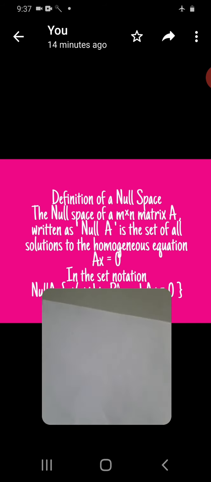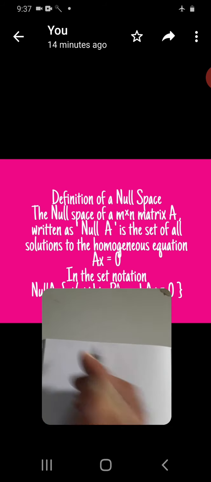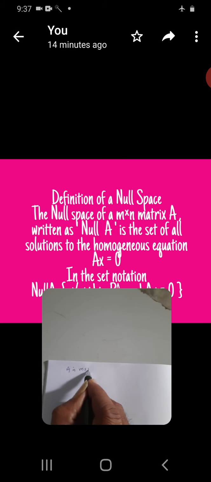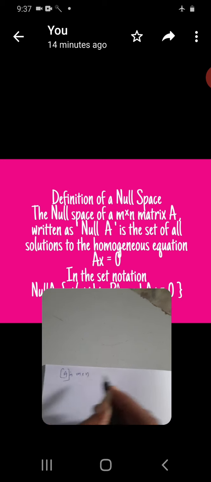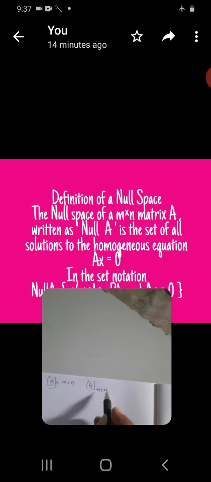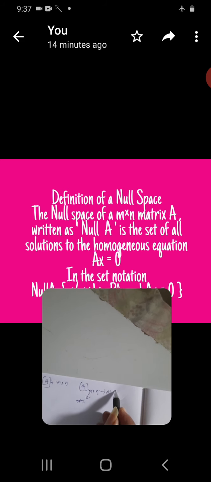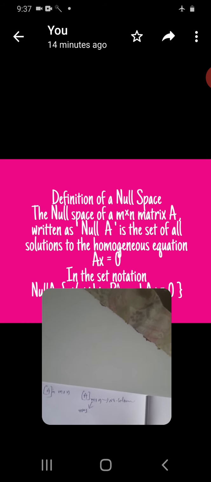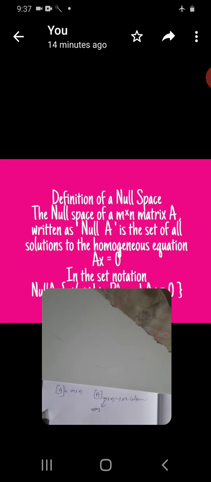Let A be an M cross N matrix. Here M is the number of rows, and N is the number of columns.